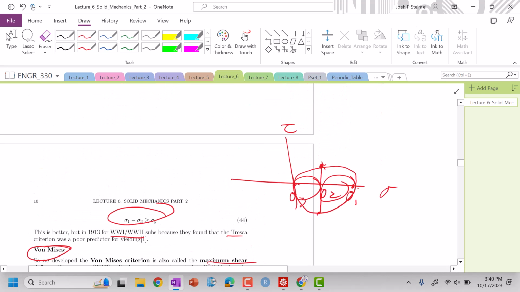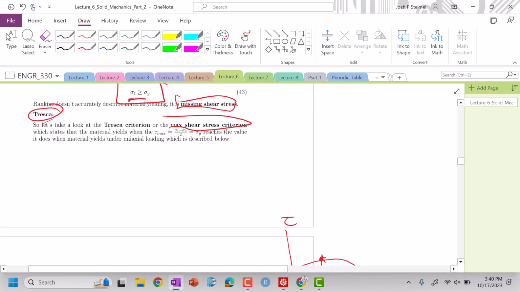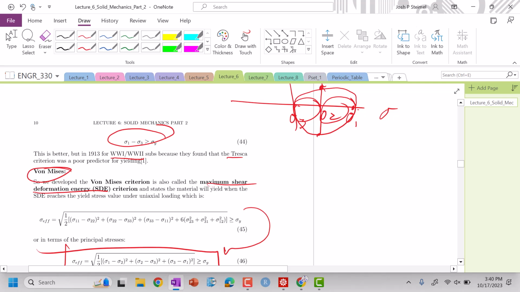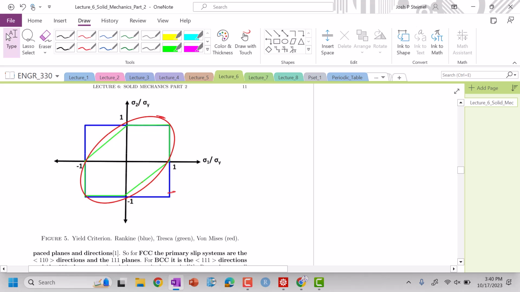So if you have something that fails primarily from normal stress, you can use Rankine, Tresca, or von Mises, but it is really important because you can see this is von Mises, this is Rankine, and then the green is Tresca. You can see that here in von Mises, if I'm not outside of this region, I am not going to fail.